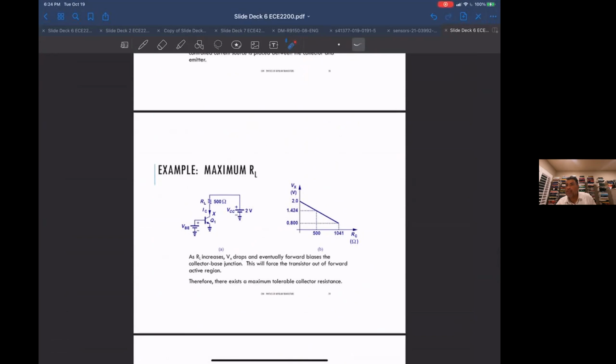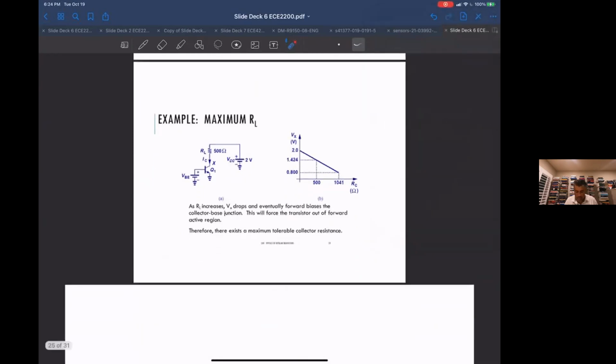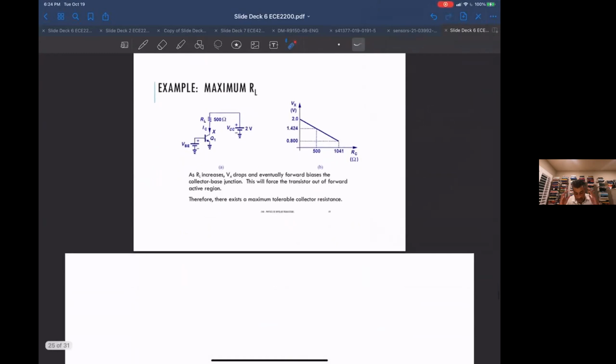Okay, so now let's get back to our bipolar transistor again. After all that's said and done, the upshot is that these kinds of circuits that we're looking at are just a component of a bigger circuit to make it usable.